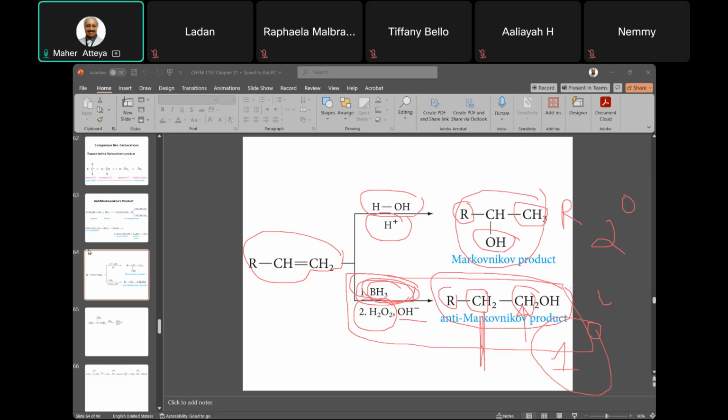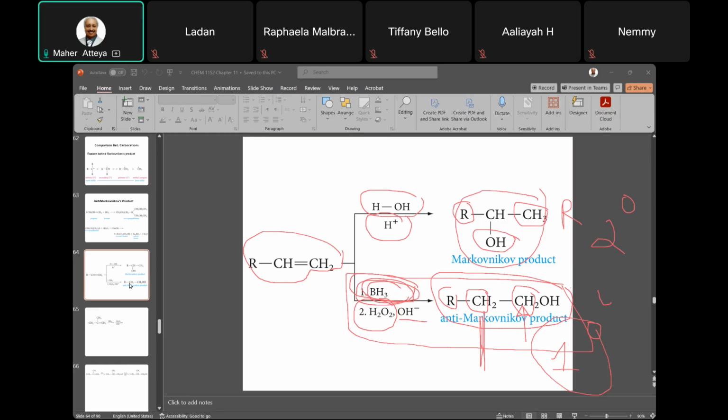We use the reducing agent first, reduce the whole double bond, and then we add the oxidizing agent to whatever is left over in the presence of basic solution. Then we can get a primary alcohol rather than secondary. That's the counter or anti-Markovnikov rule.